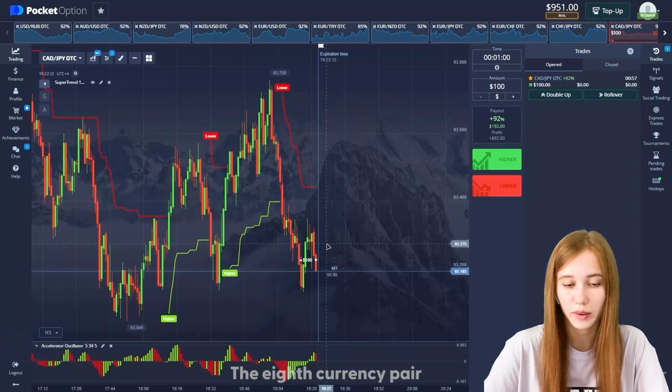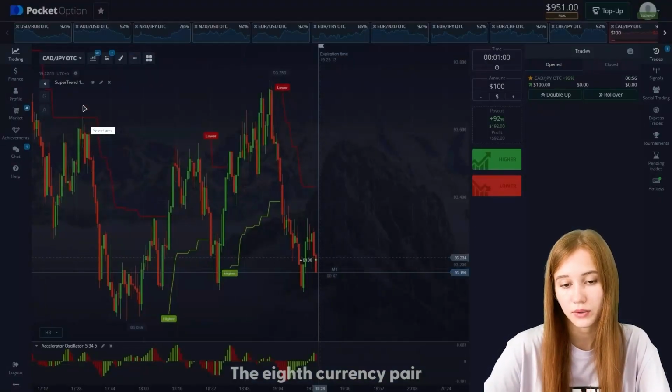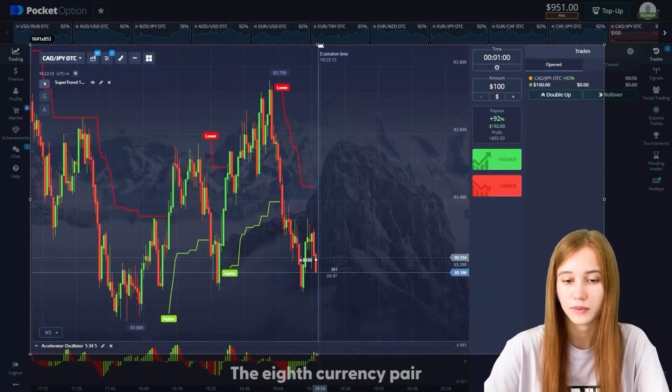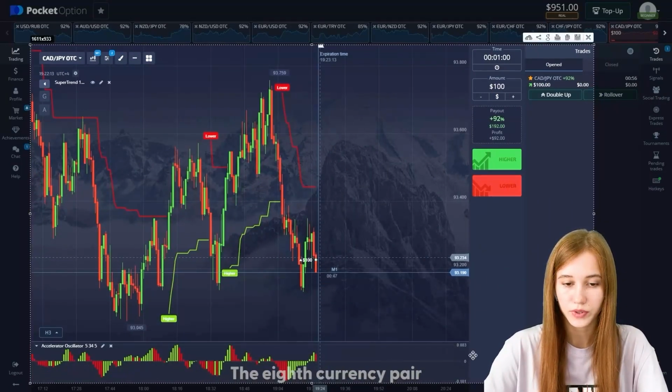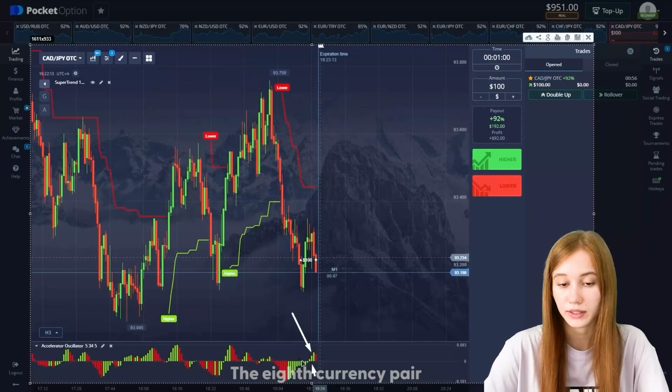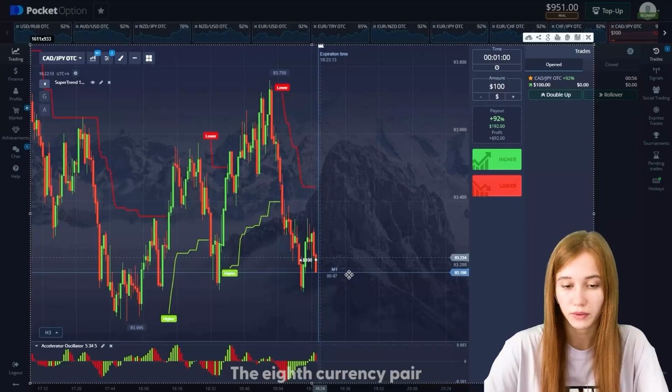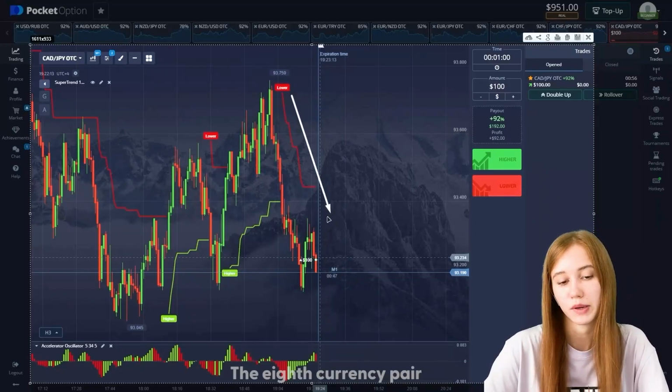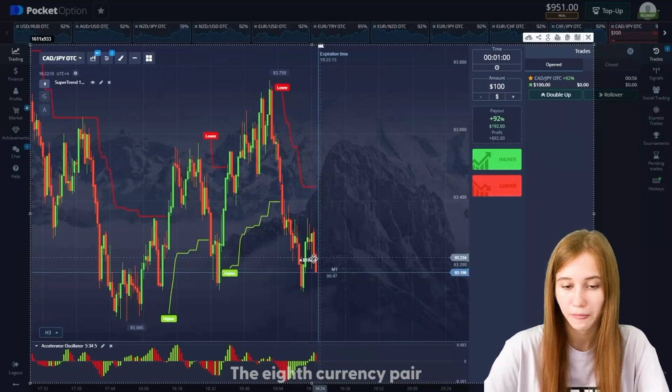So let's open up and let's start our technical analysis. So first, if we look at the oscillator, we clearly see that we have a certain period of uncertainty. Although if we had entered earlier, we would have opened with a profit because we had 2 good green bars. But we didn't have time.